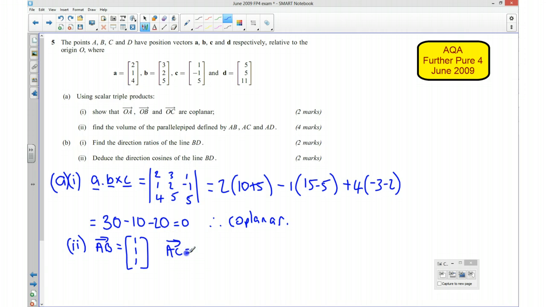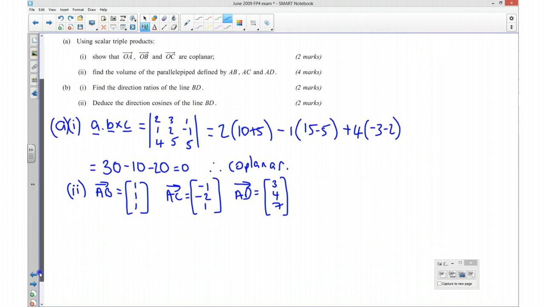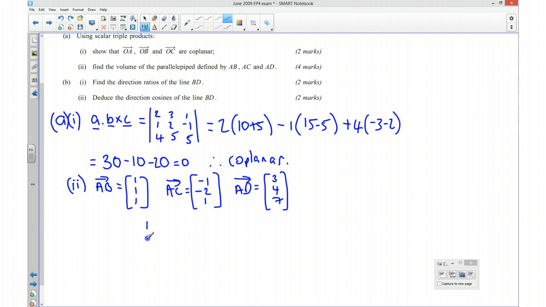AC is going to be c take away a, which is -1, -2, 1, and AD is going to be d take away a, which is 3, 4, 7. Again we want to do the scalar triple product of those to find the volume of the parallelepiped, and I'm going to write it as a determinant.